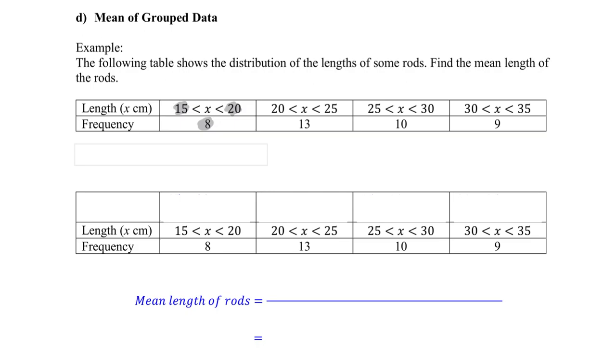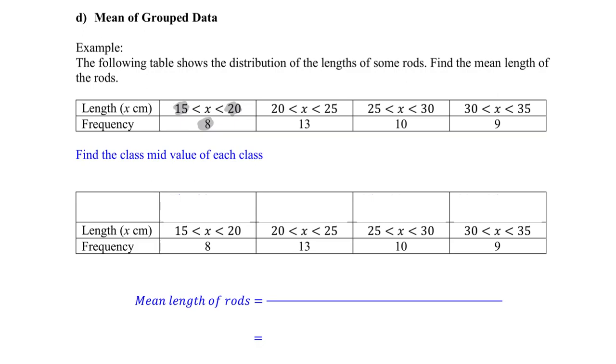And when this happens, when they give us this kind of frequency table, how then can we find the mean? What could be a good estimate of these 8 rods, for example? Yes. So in this case, the next best estimate would be to find the middle value of each class.